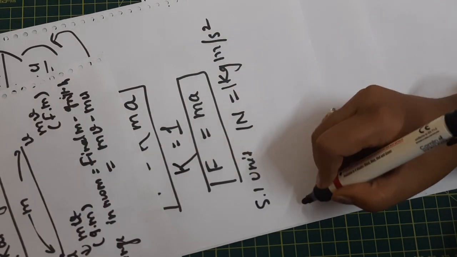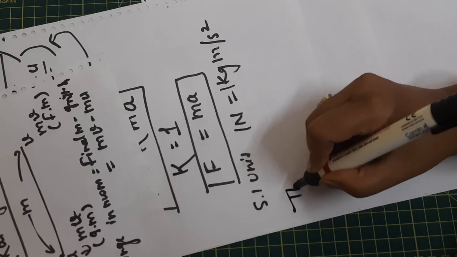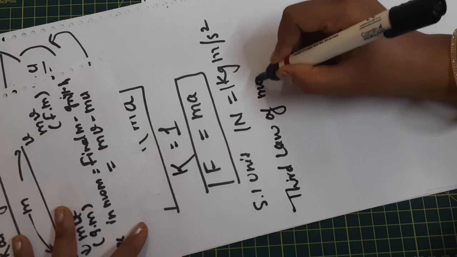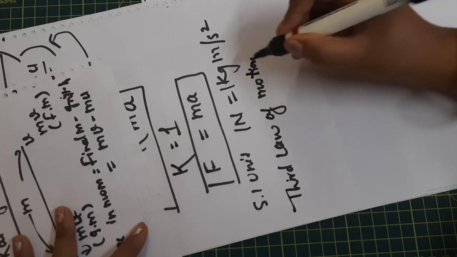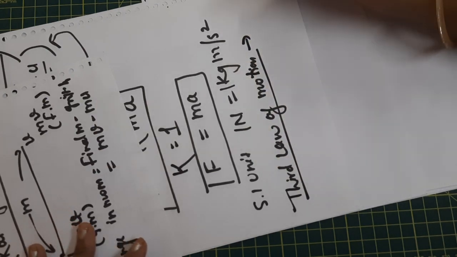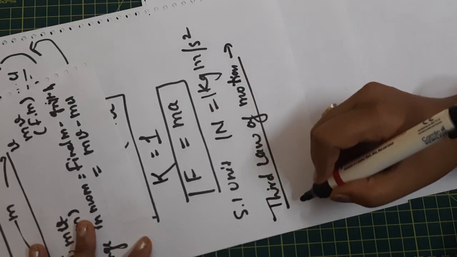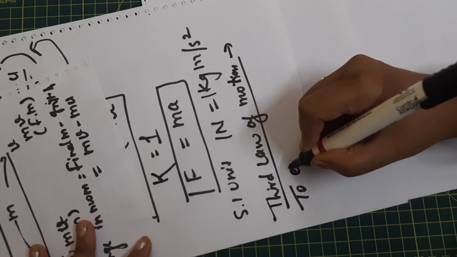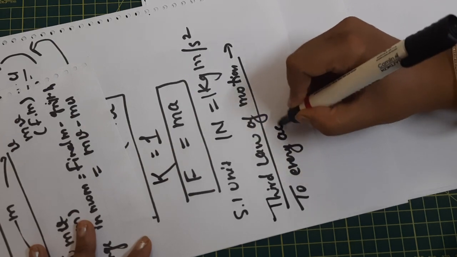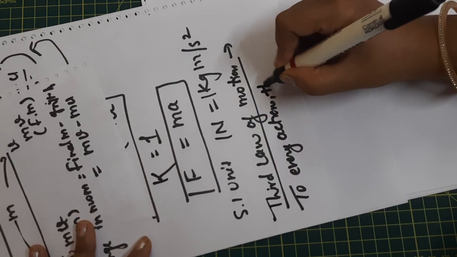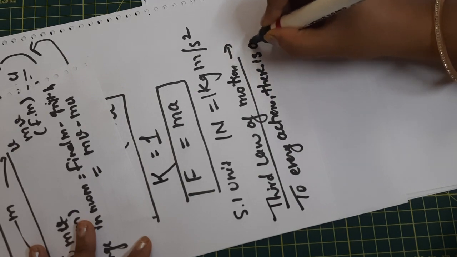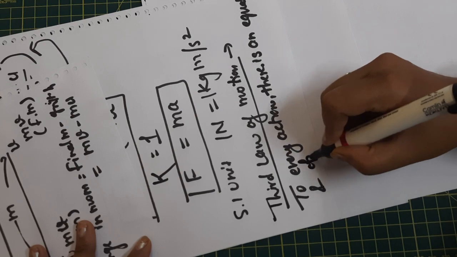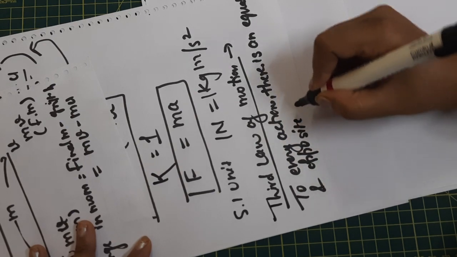Now we will talk about the third law of motion. The third law of motion is a very simple law. It says that to every action, there is an equal and opposite reaction.